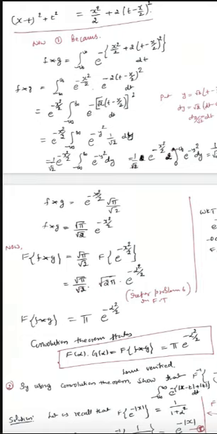So F of f star g is nothing but pi into e power minus alpha square by 2. According to the convolution theorem, left hand side is f of alpha g of alpha, right hand side is F of f star g. Both have pi into e power minus alpha square by 2. Hence it has been verified.